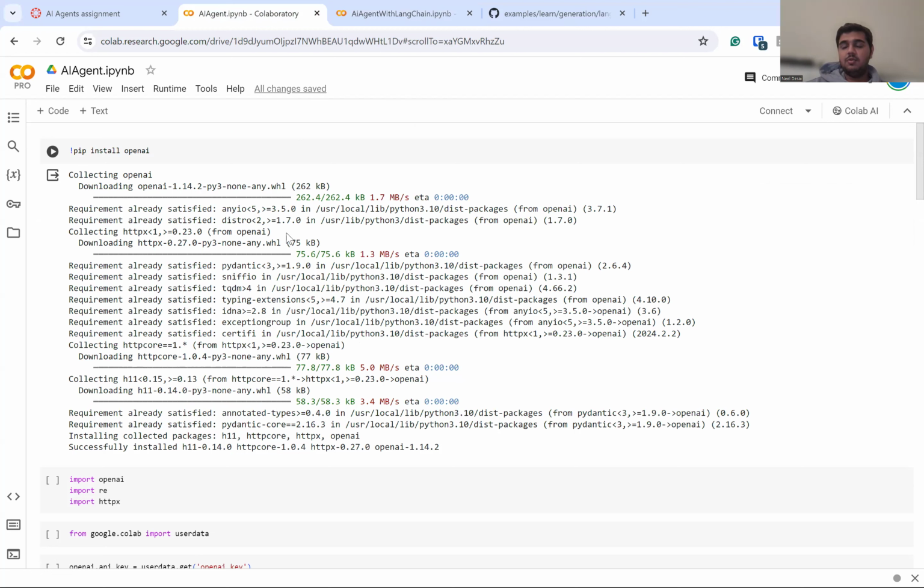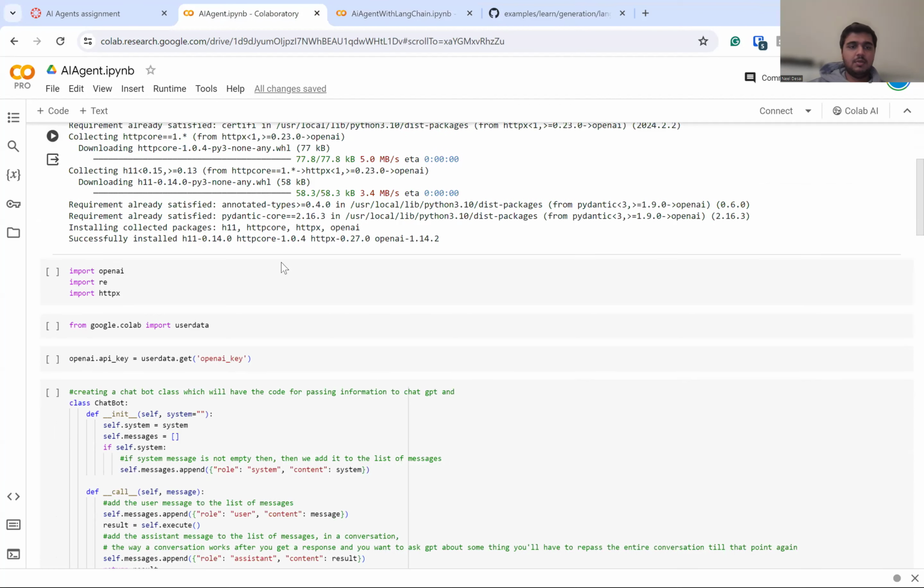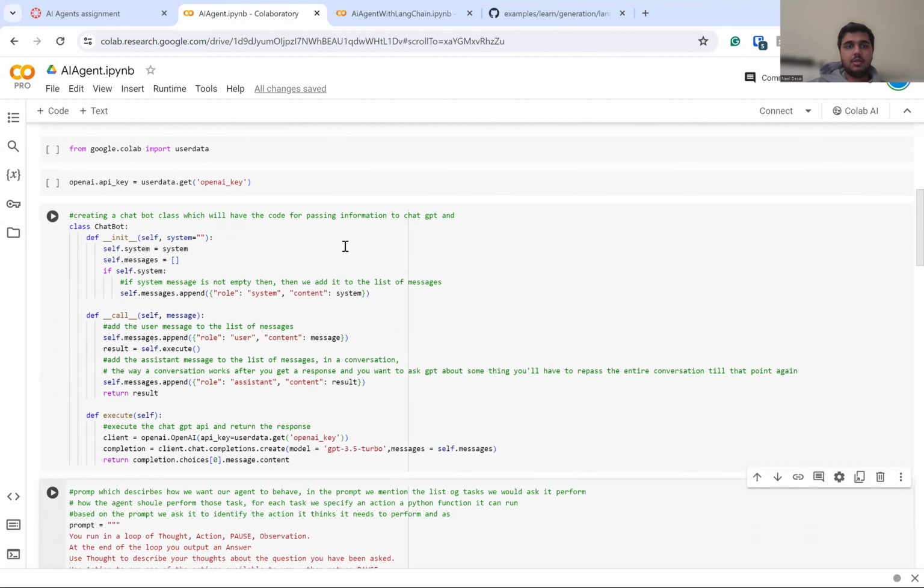Now, one thing we need to know is that we'll be using GPT 3.5 as the base for most of the agent work. So you need to have an OpenAI key. This is a class which allows us to control the chat between a user and the GPT.